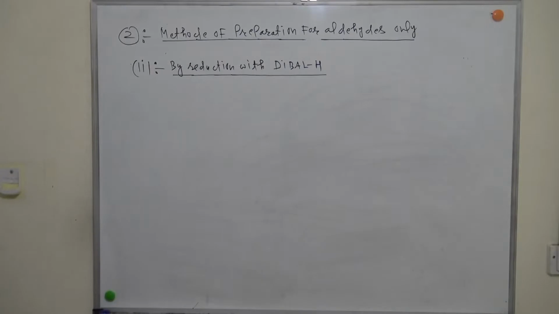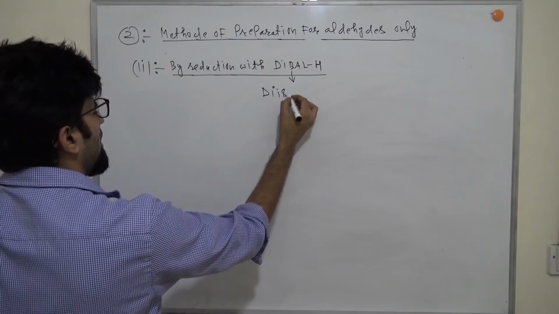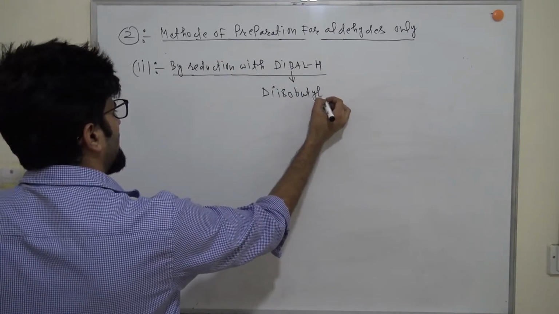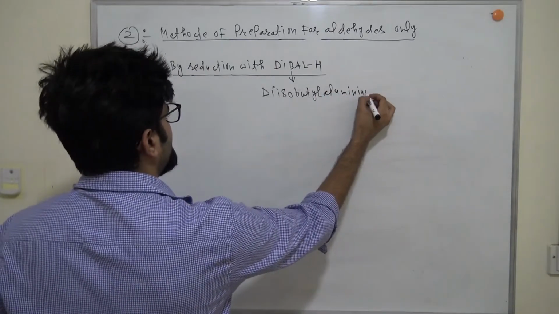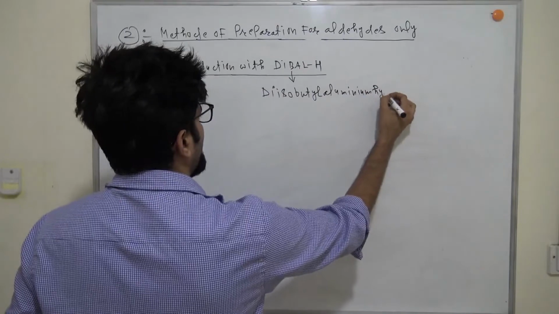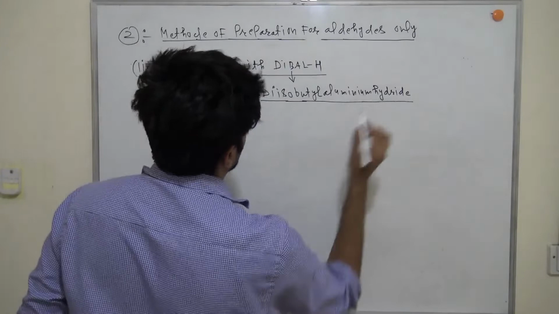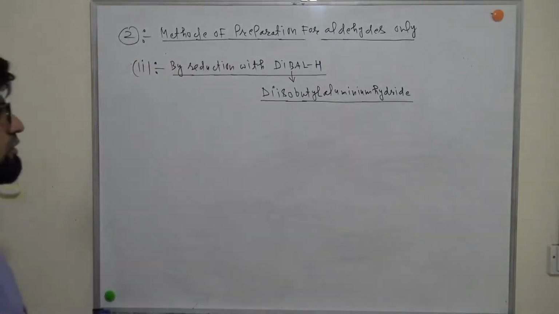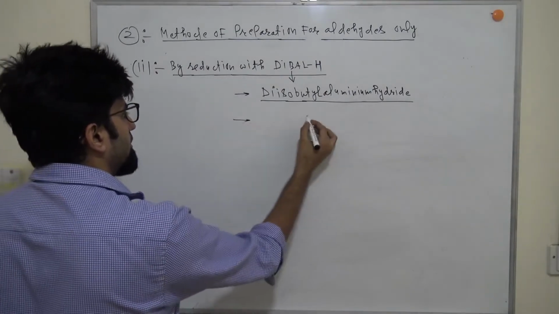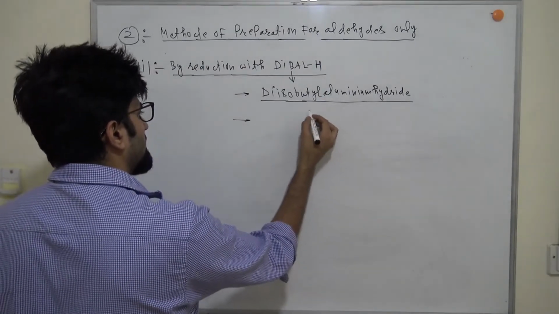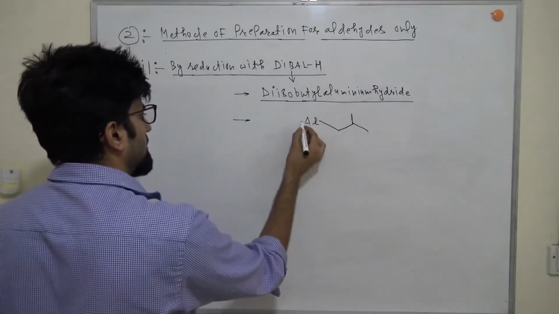So first of all, let me tell you what DIBAL-H is. DIBAL-H is diisobutyl aluminium hydride. This is your DIBAL-H. Diisobutyl aluminium hydride, and the structure of this is like this, isobutyl, like this.